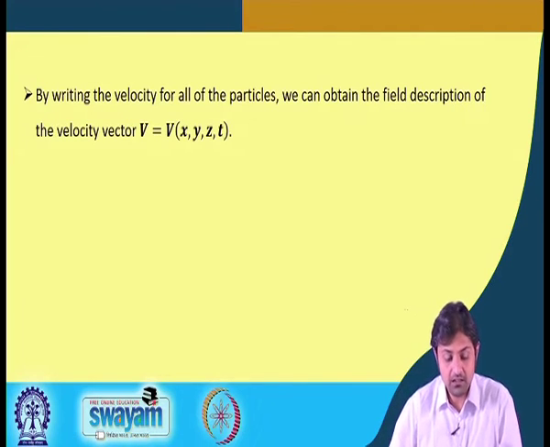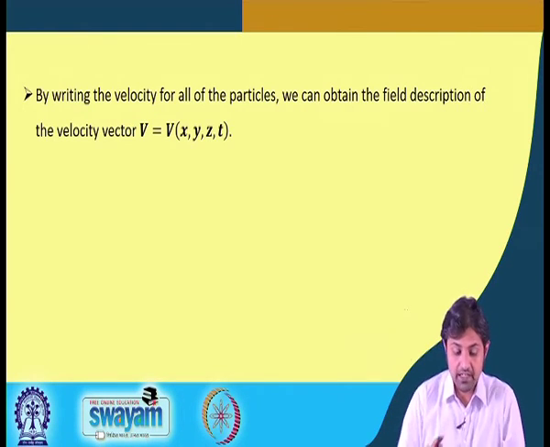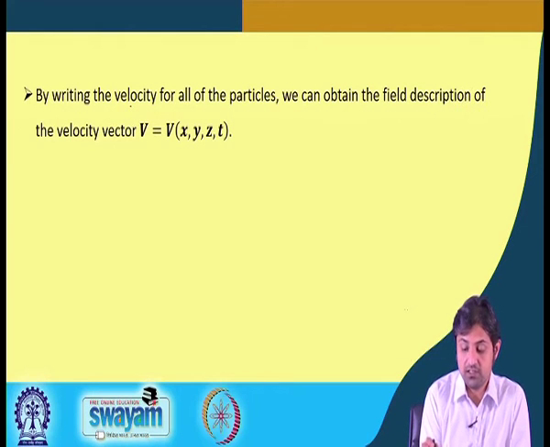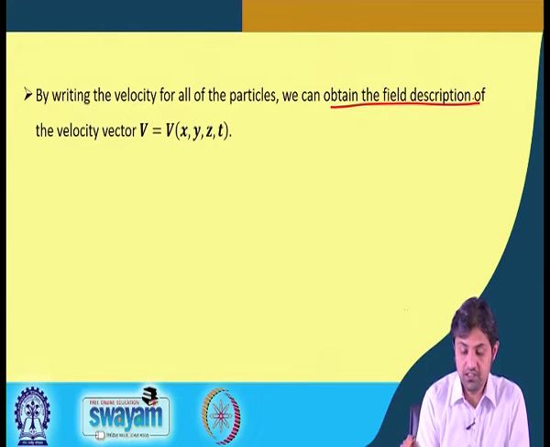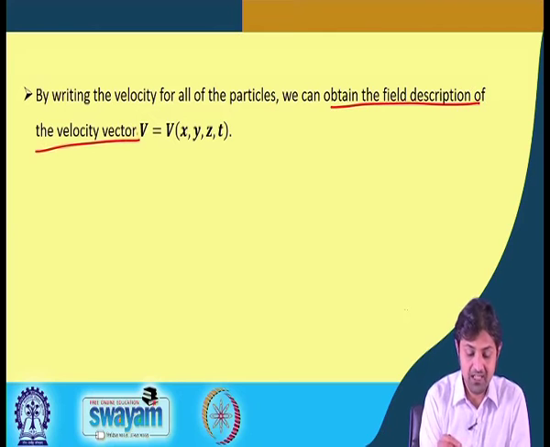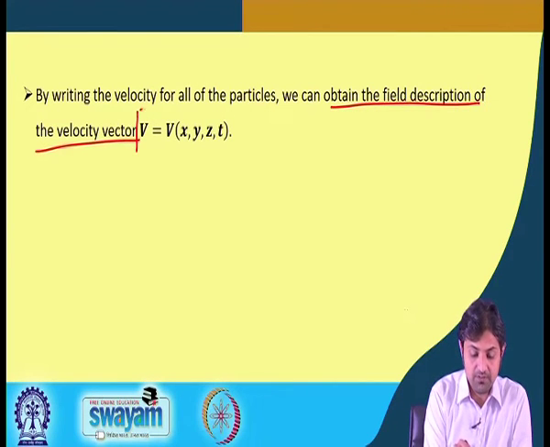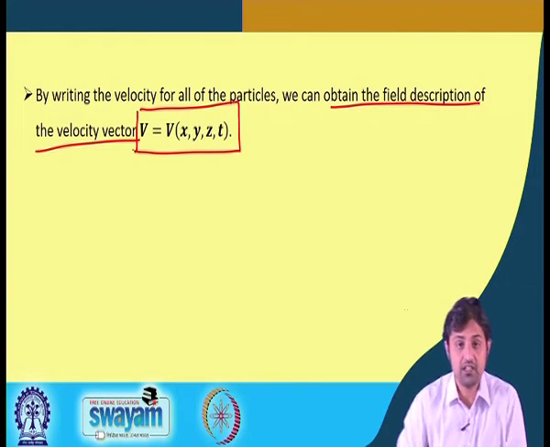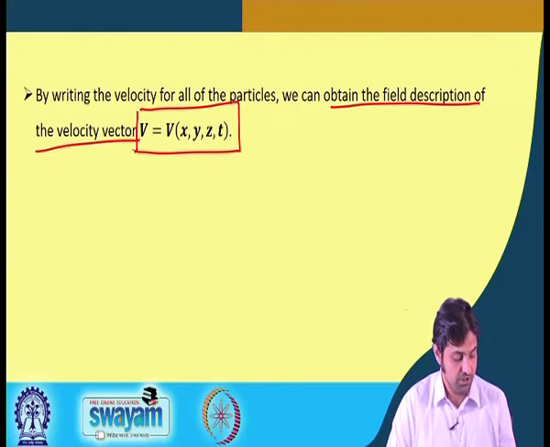So by writing the velocity of all the particles, we can obtain the field description of the velocity. So if we write the velocity of all the particles in the system, we can obtain the field description of the velocity vector V as V as a function of x, y, z and t, using the equation described in the previous slide.